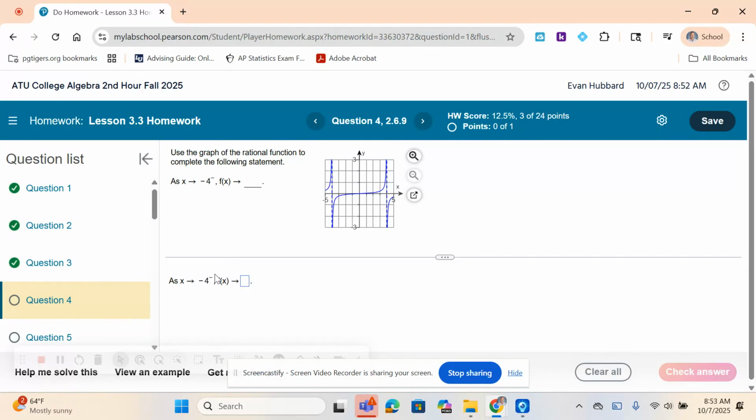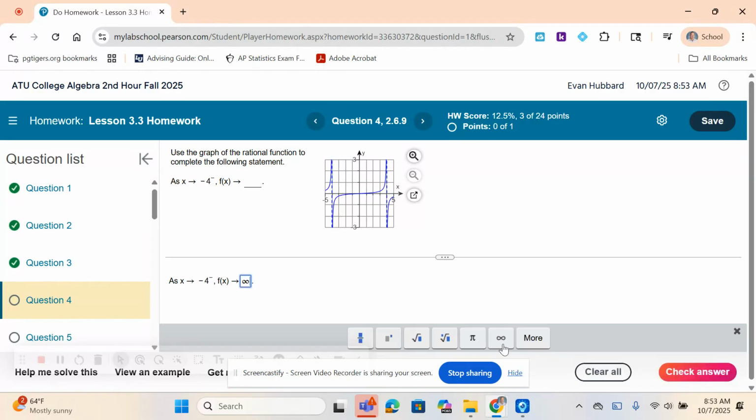So this means as x approaches negative 4 from the left, so as I'm coming from the left, approaching negative 4, where's y going? Y is going up forever, so y is going to infinity. So f of x would be going to infinity.